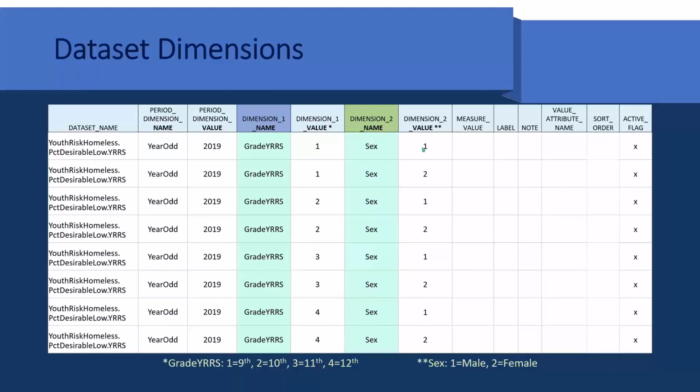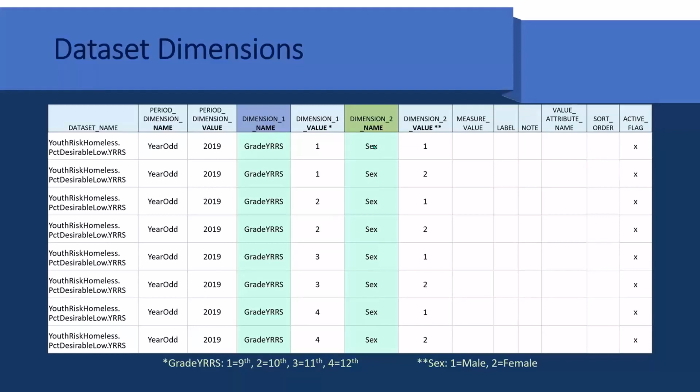So for Wayne's race by sex data point, we need a record in the dataset records table that has these two dimensions in separate fields.